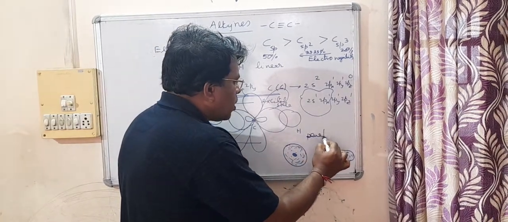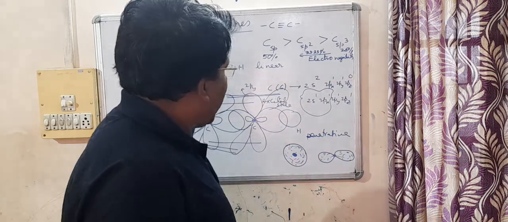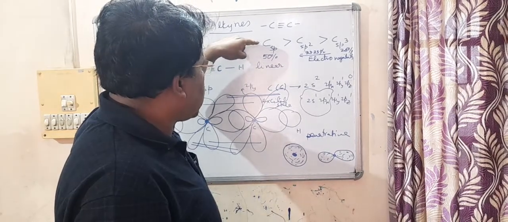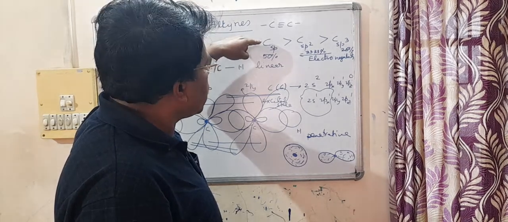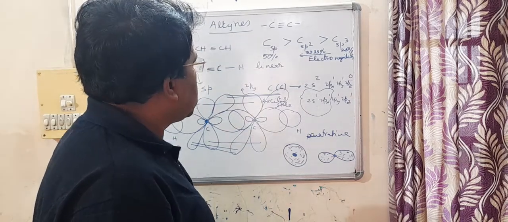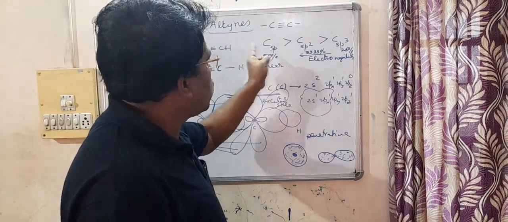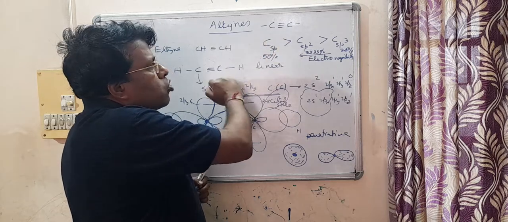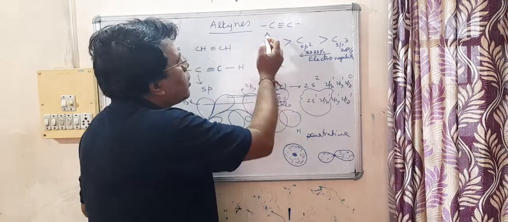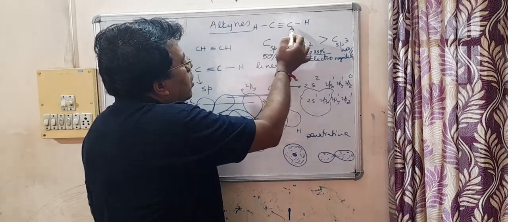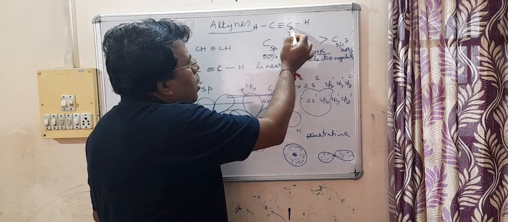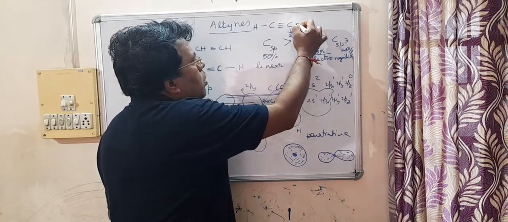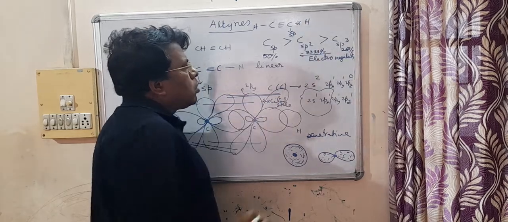Because s electrons are very penetrative, this sp hybridized carbon is more electronegative. I mean, sp hybridized carbon will pull the electrons of the bond towards itself. Like this one, suppose we have this ethyne. Since this is sp hybridized carbon, and sp hybridized carbon is more electronegative, it will pull the electrons of this bond towards itself.